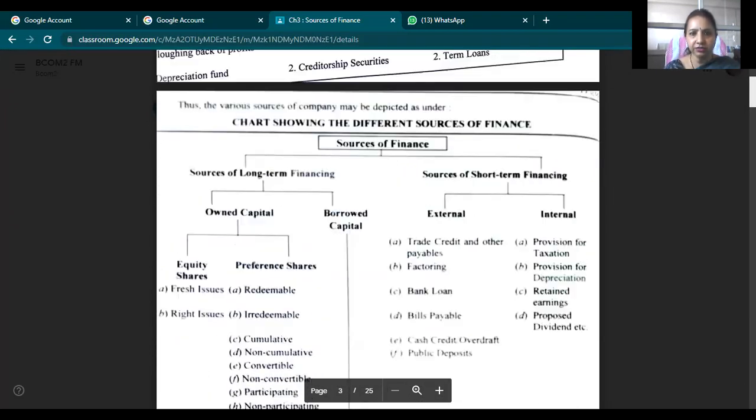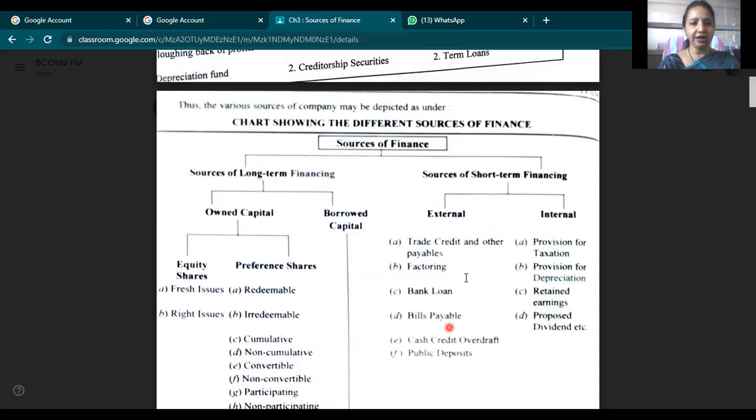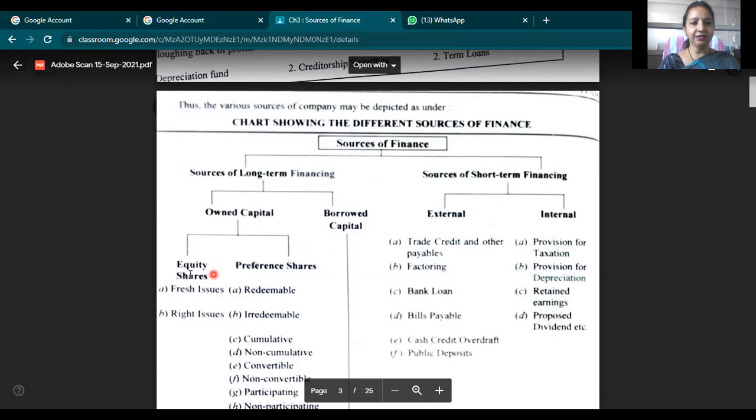Just have a look at this chart that has been explained in your Sharma Publications: various sources of long-term finance and sources of short-term financing. When we are talking about owned capital, we are talking about equity shares and preference shares.